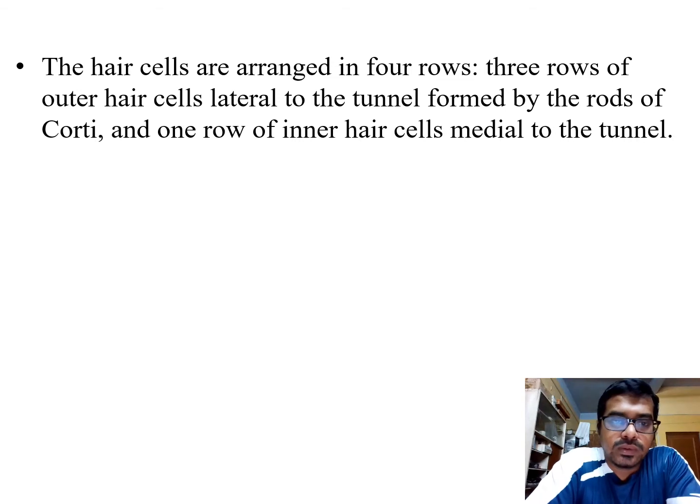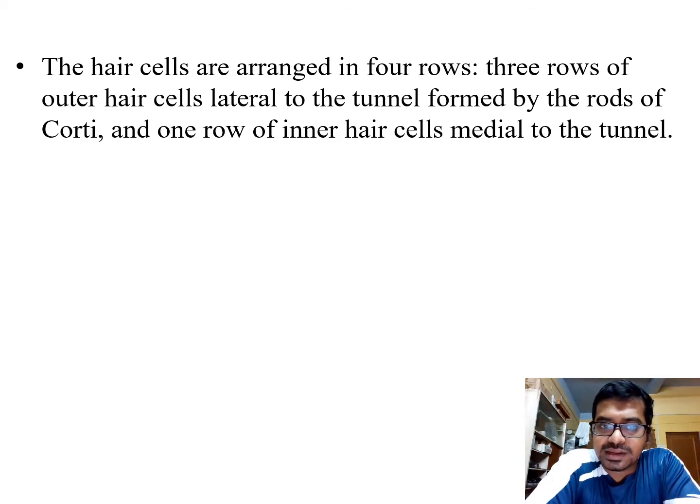Now, within the organ of Corti, the hair cells are arranged in 4 rows, but these 4 rows are not homogeneous. There is a structure known as the tunnel of Corti formed by the pillar cells or the rods of Corti. 3 rows of cells are arranged lateral to the tunnel, and a single row is arranged medial to the tunnel.